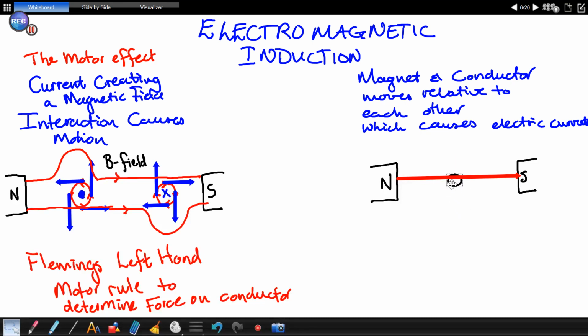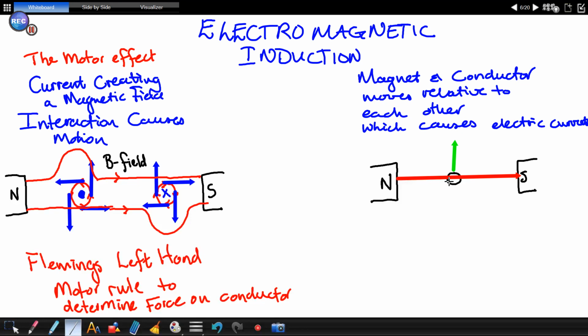So if we move it up, what's the direction of the induced current? If you move it down, what's the direction of the induced current? There is a way to find it. First of all, let's say we move the conductor up. The green arrow is indicating the motion, the force that is exerted on the conductor.